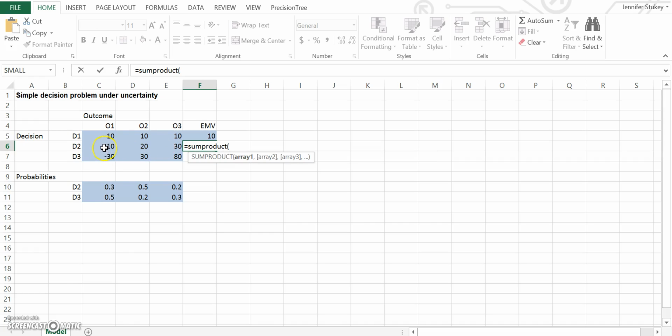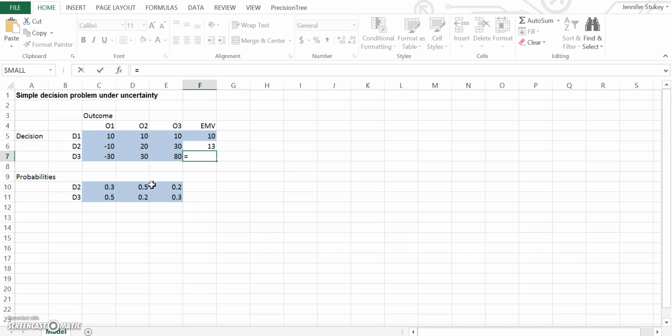So we can do that easily by doing a sum product. We're going to select C6 through E6 as our first range because we are going to select all of the outcomes for decision 2, and then we are going to select the corresponding probabilities for each outcome. Okay, so our expected monetary value for decision 2 is $13.